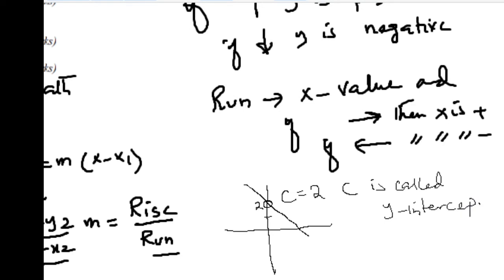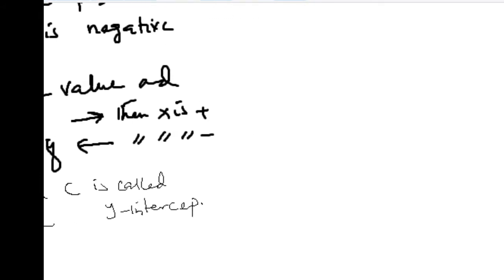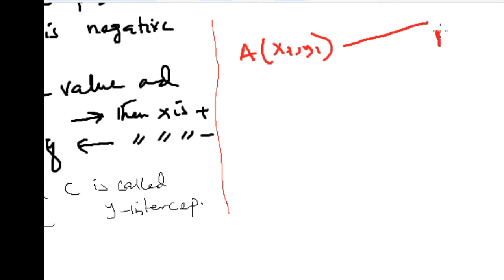One more thing I want to tell you. If this point A is here, this is x1 and y1, and that point is B here, x2 and y2. There's a midpoint here.